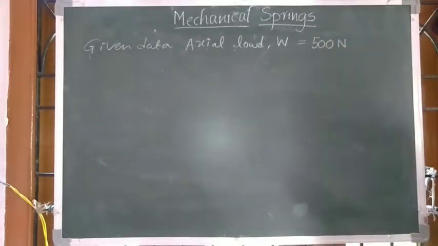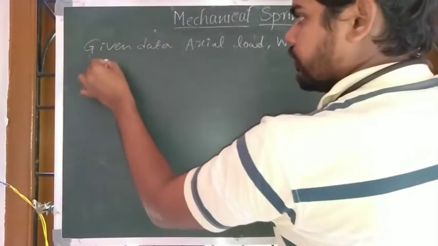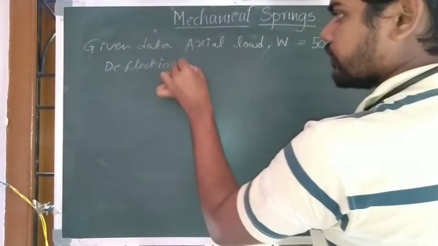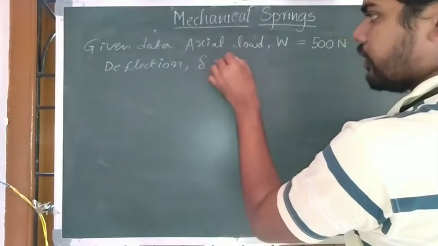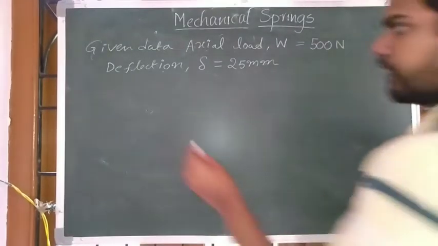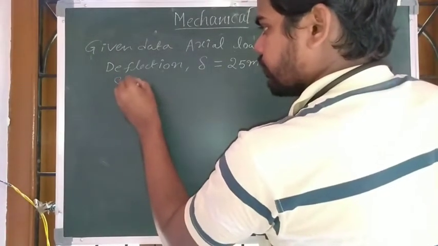Next, deflection is given. Deflection denoted by delta is equal to 25 mm. And spring index is also given.